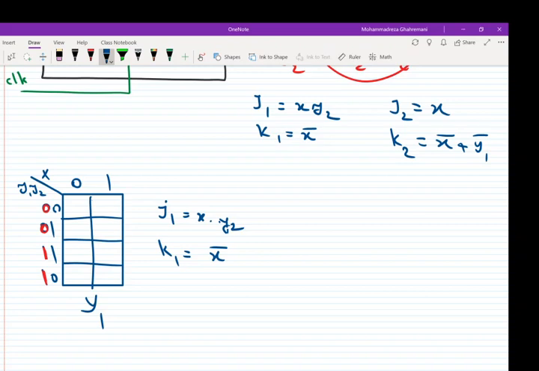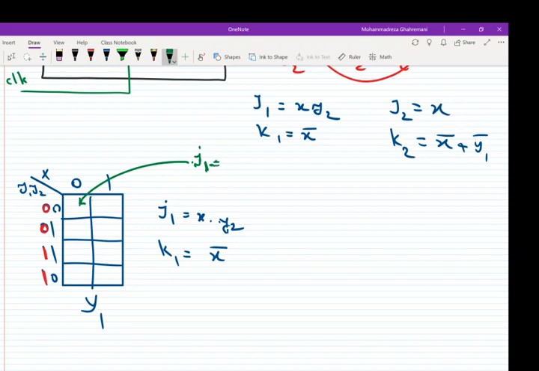Okay, now let's solve it cell by cell. First of all, I want to focus on this first cell. For the first cell, we see that y1 is 0, y2 is 0, and x is 0. So can you tell me what is j1? Of course, j1 is equal to x y2.